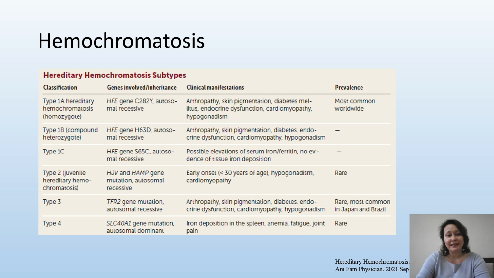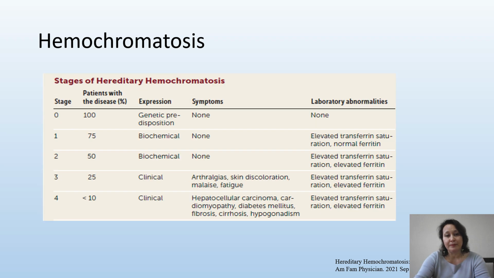There are other types of mutation like HFE gene H63D autosomal recessive mutation, which is type 1B compound heterozygous mutation, and type 1C hemochromatosis with mutation HFE gene S65C. Type 2, type 3 and type 4 occur more rarely compared with type 1A and 1B.